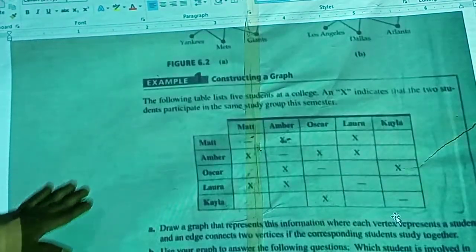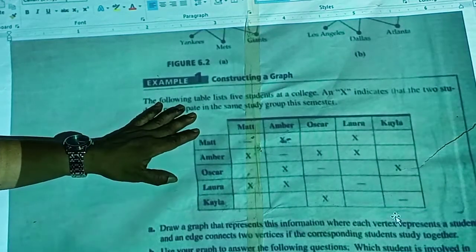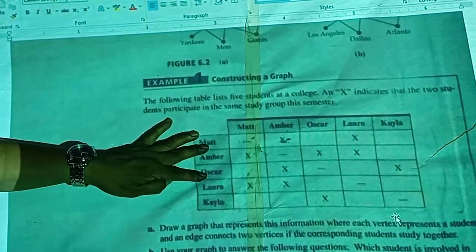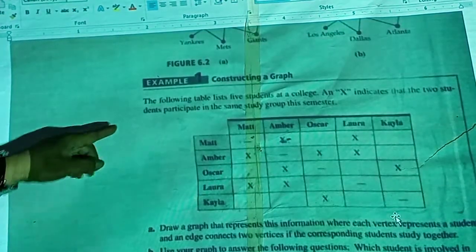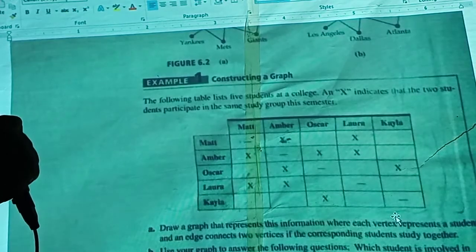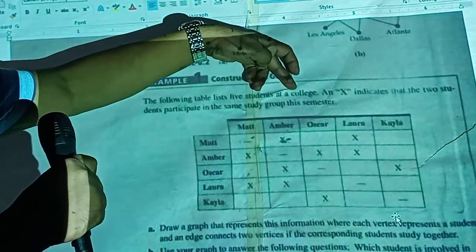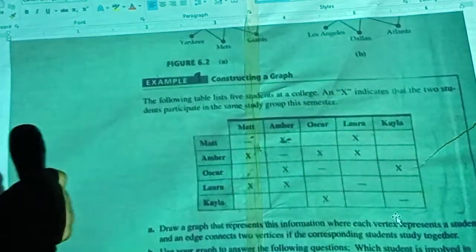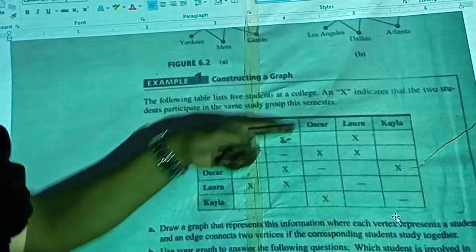Okay, another. This is a graph wherein there are 5 students: Matt, Amber, Oscar, Laura, and Kyla. They have what we call a group research. The following table lists 5 students, and an X indicates the 2 students participate in the same study group this semester.